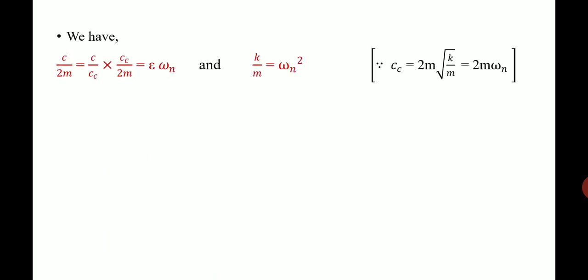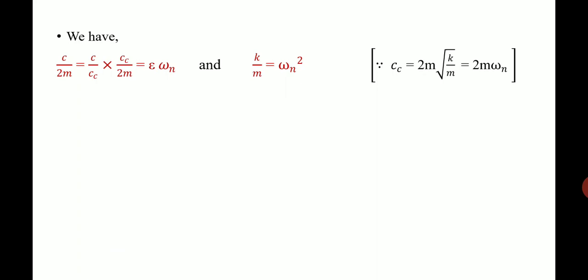Now, we are going to make a few inferences from what we have learned. The term C by 2m can be written as C by Cc into Cc by 2m. We have learned that C by Cc is equal to epsilon, which is the damping ratio. Now, what about Cc by 2m?